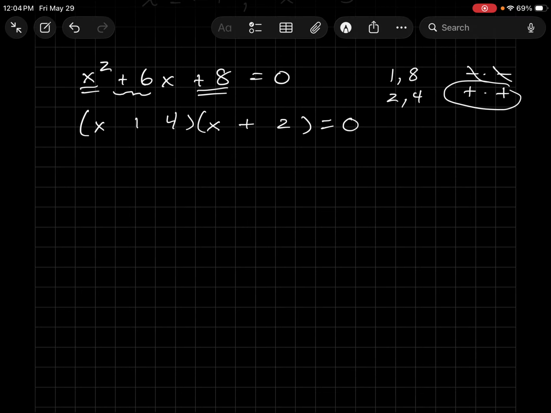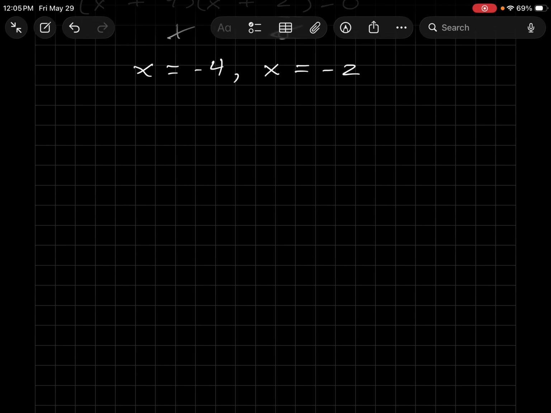If I put 1 and 8 instead, these factors would add to 9. I know that's not correct. So then we can solve. Either x plus 4 equals 0, or x plus 2 equals 0. And we get x equals negative 4 or x equals negative 2.